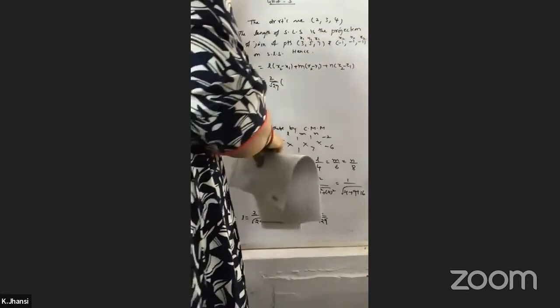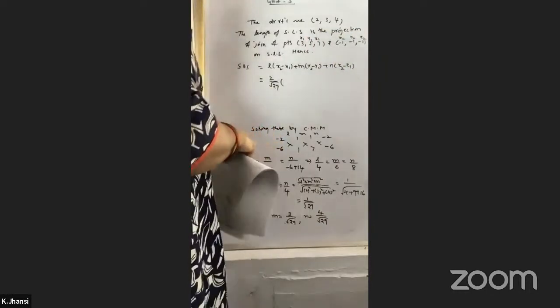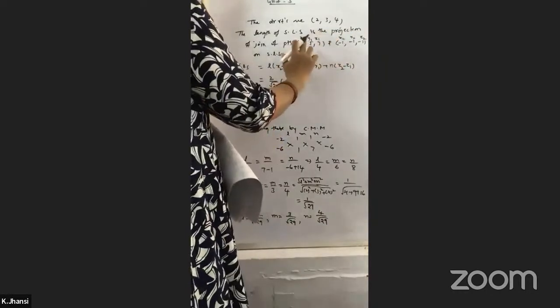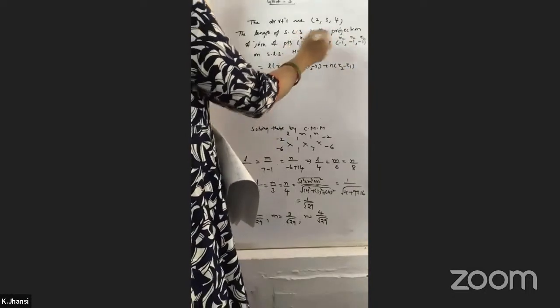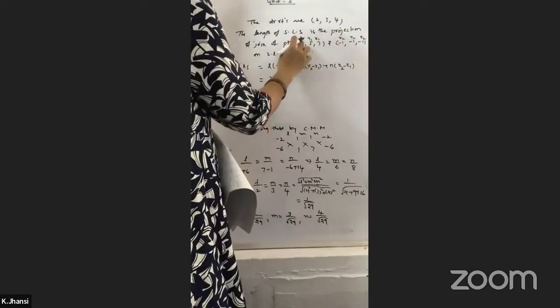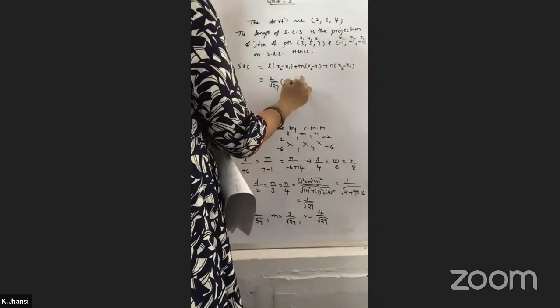Here you will get a negative value, so you can take x1 minus x2, anything you take will be the same. So 3 plus 3, minus of minus means plus, you get 4.